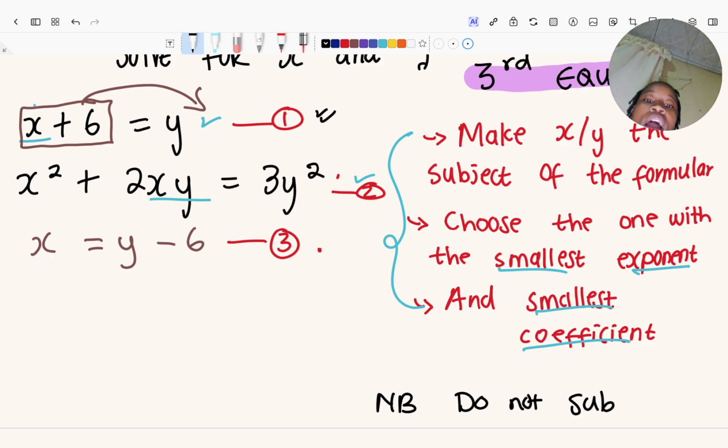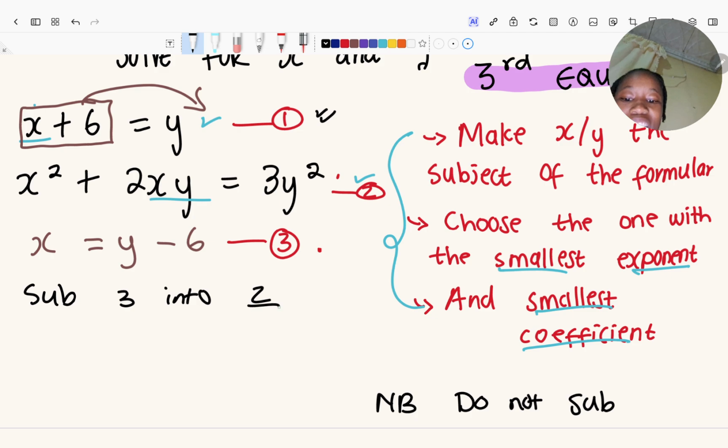I didn't do anything with the second equation, so I'm going to use the second equation. How so? I'm going to substitute the third equation into the second equation. That means where there is x, I'm going to put y minus 6 in my second equation. Let me just show you guys what I'm actually trying to say.